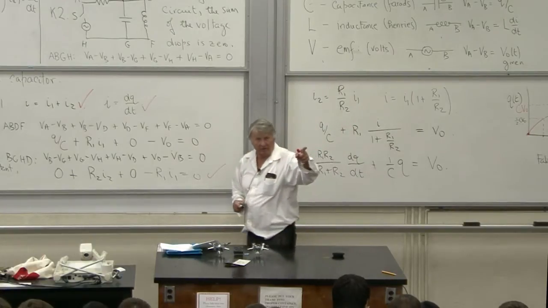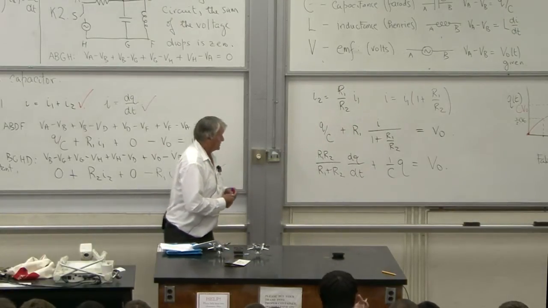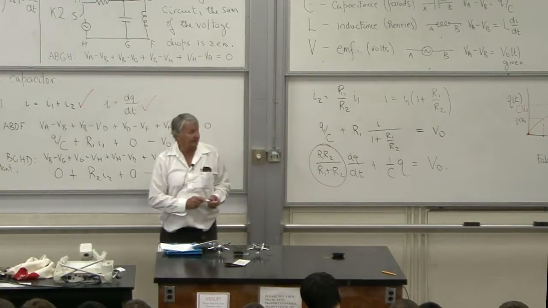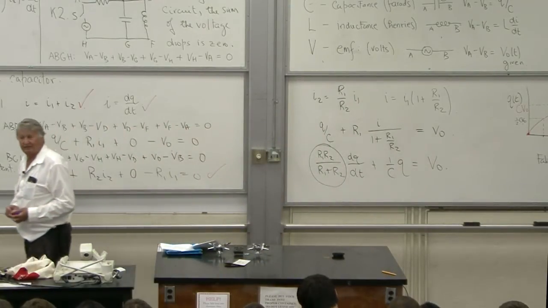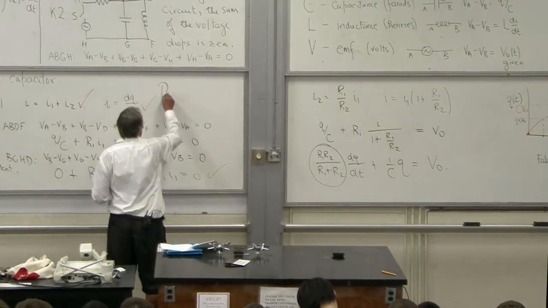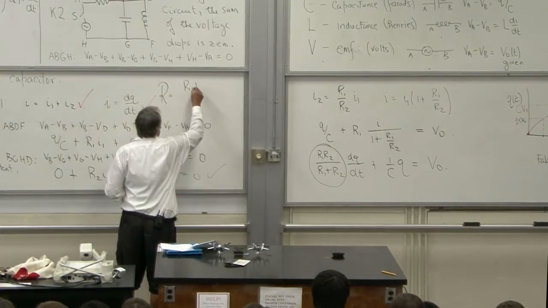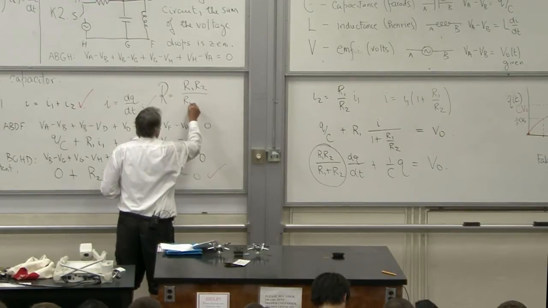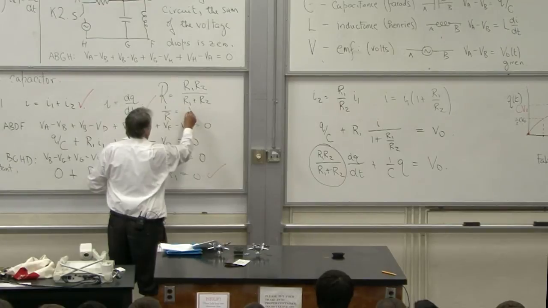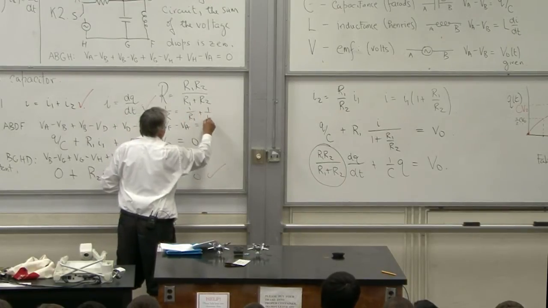Are you ever looking good? Because the effective resistance of this circuit is R1R2 over R1 plus R2. Turn everything upside down: 1 over R is 1 over R1 plus 1 over R2.